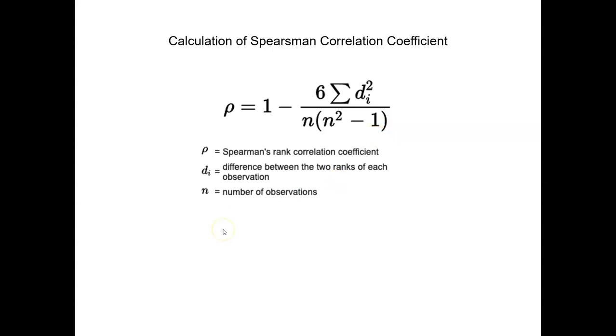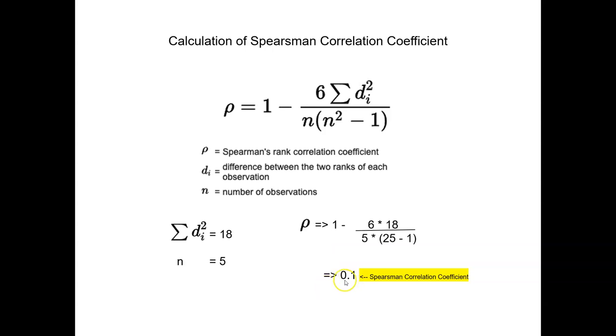So this is how it is calculated, and we have already calculated the summation of d squared and n. Now I'm going to put these values into the formula. After calculating it, we get 0.1 as the Spearman rank correlation coefficient. So this is how we can calculate it manually.